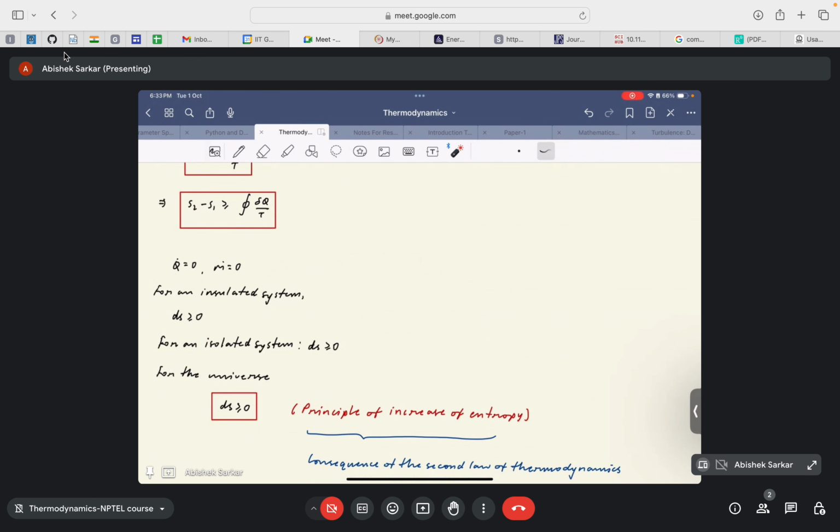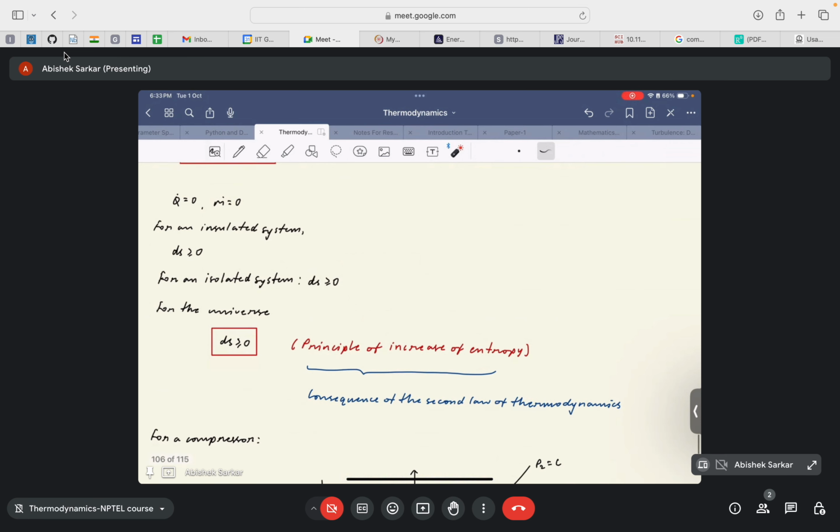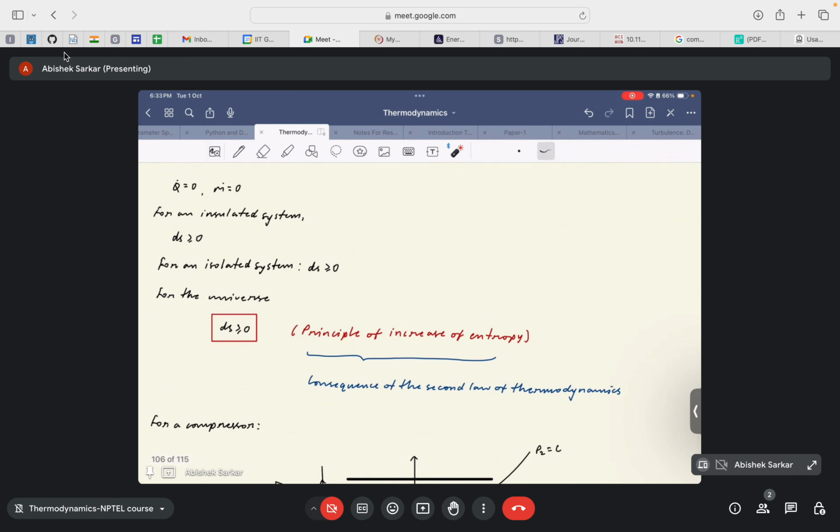And that's why, if we find the analogy, we can write that for the universe we will have ds greater than or equal to 0. I'm sorry that I'm confusing s and ds and delta s. We usually use delta for path functions, and since entropy is a point function, we will use ds.